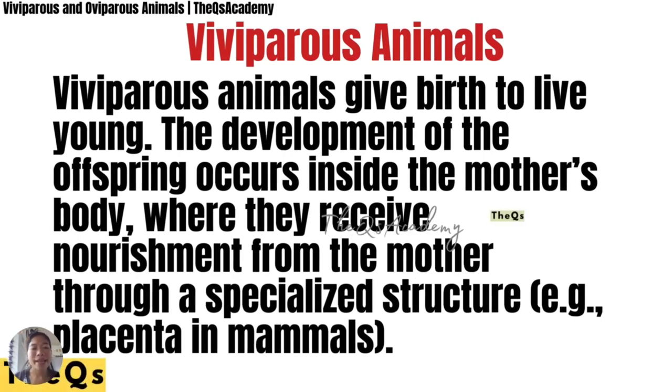Viviparous animals are animals that give birth to live young. The development of the offspring occurs inside the mother's body, where they receive nourishment from the mother through a specialized structure.